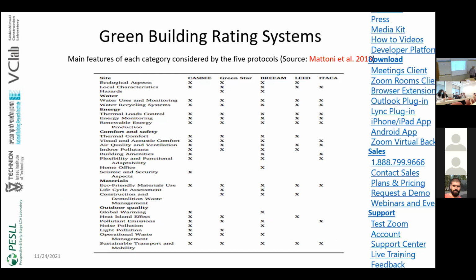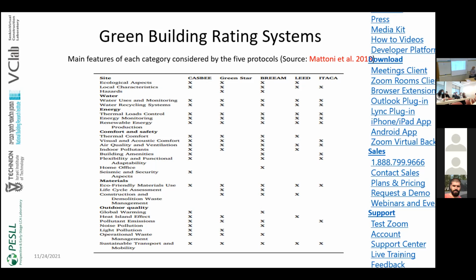Green building rating system. This table shows some similarities and differences between different green building rating systems around the world. For example, if we look at the first one, the site, we can see that in the ecological aspects and local characteristics, all the green building rating systems have the same thing.